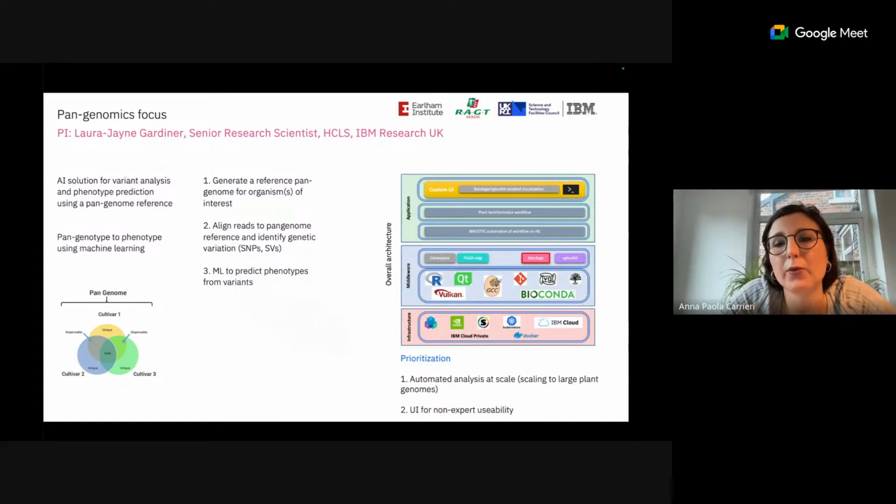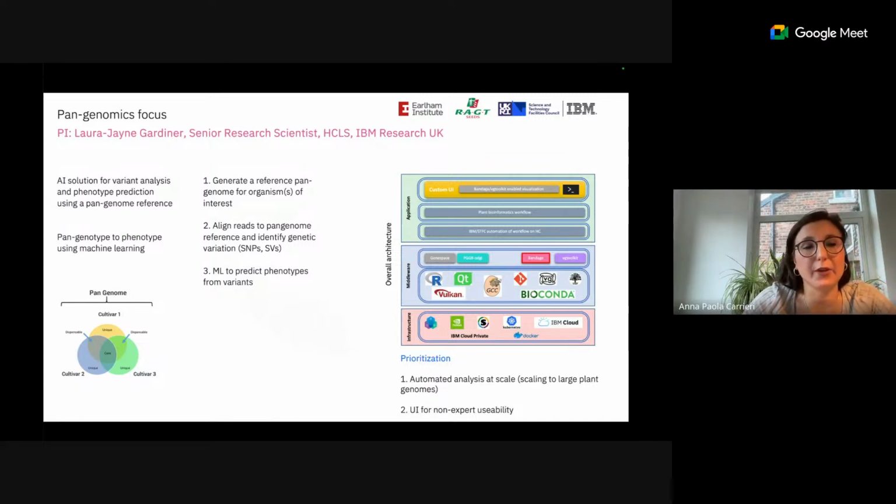We are working with Erlam Institute, which is a big research institute in the UK, and Ragti Seeds as well. What we are developing for them is a proper software-engineered software with bioinformatics capability and machine learning capabilities. You can see the schematic architecture on the right here.